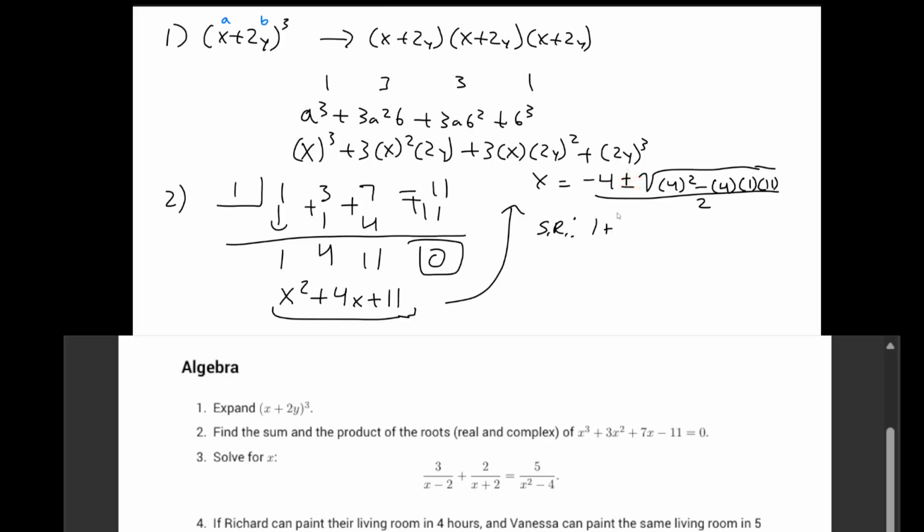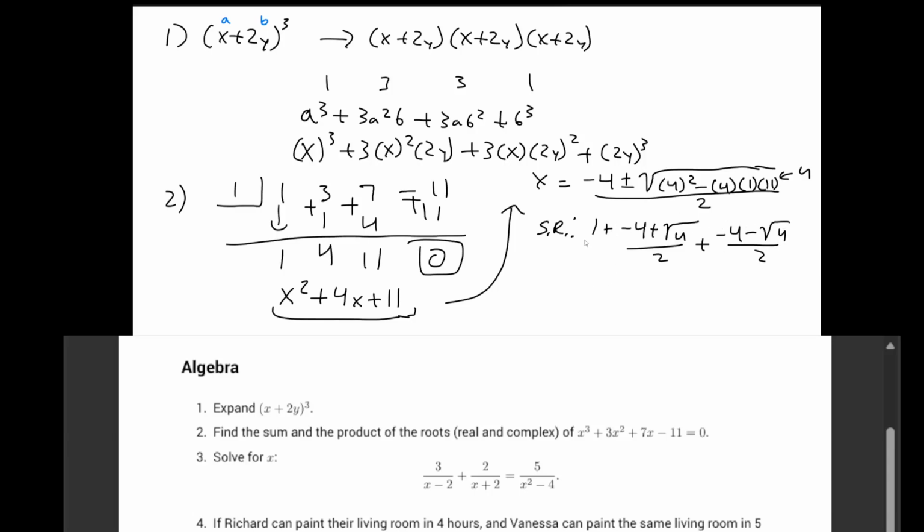So what I mean by that is we'll get 1 plus negative 4 plus the square root, I'm just going to let u equal to this, and you'll see what I'm talking about, plus u over 2 plus negative 4 minus the square root of u over 2.